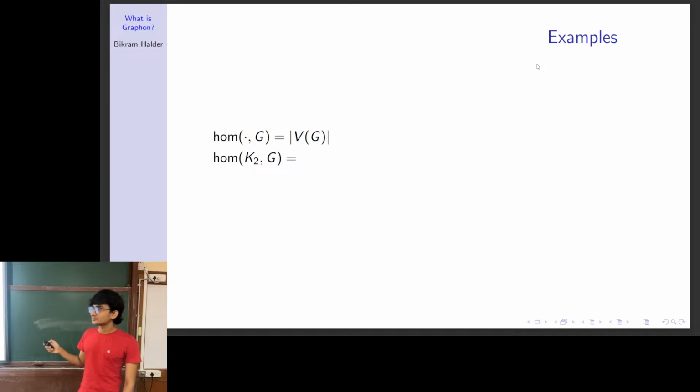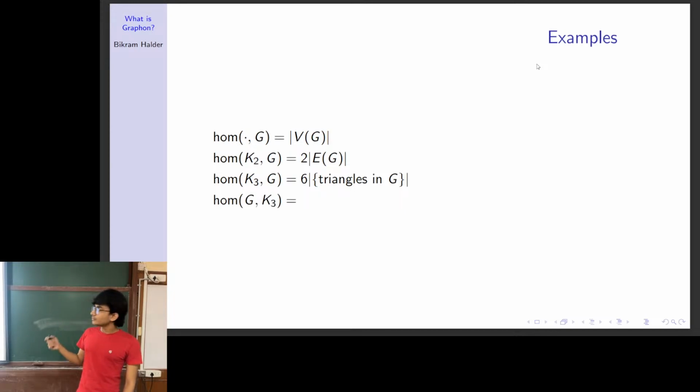Basically, you are mapping the edge to every edge in G in two orientations. So that's why it's 2 times the number of edges. What about the number of homomorphisms from a triangle to a graph? So 6 times the number of triangles.